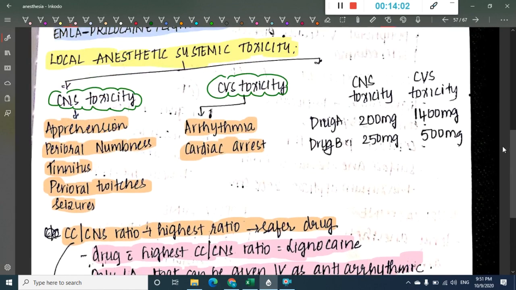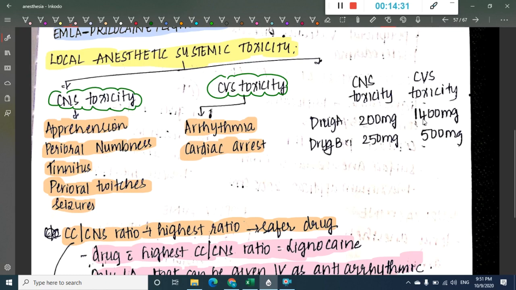What does the CVS to CNS toxicity ratio mean? For every drug you have a minimum threshold at which CNS toxicity occurs, and also a minimum threshold at which CVS toxicity occurs. The dose at which CVS toxic side effects occur is taken as the CVS toxic dose, and the dose at which CNS toxic effects occur is taken as the CNS toxic dose.